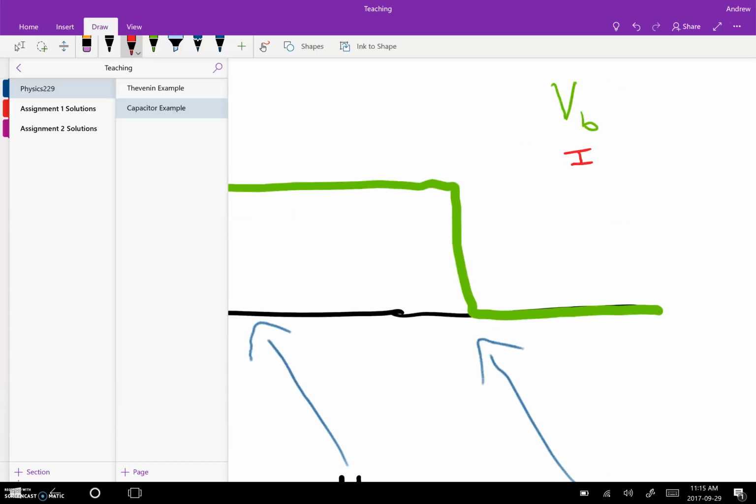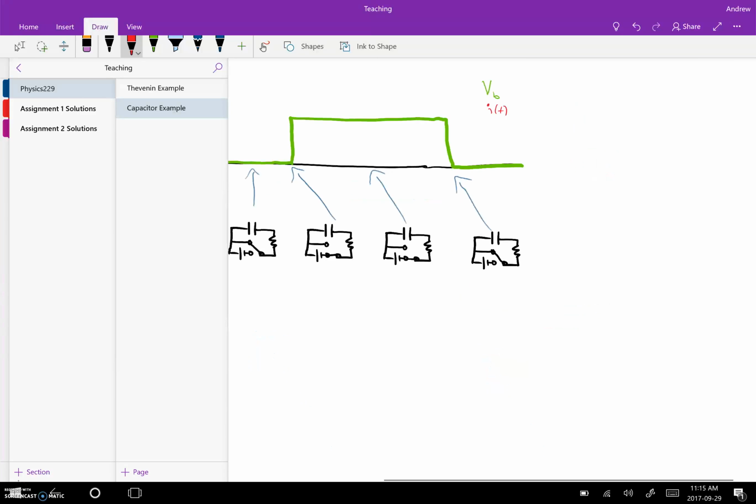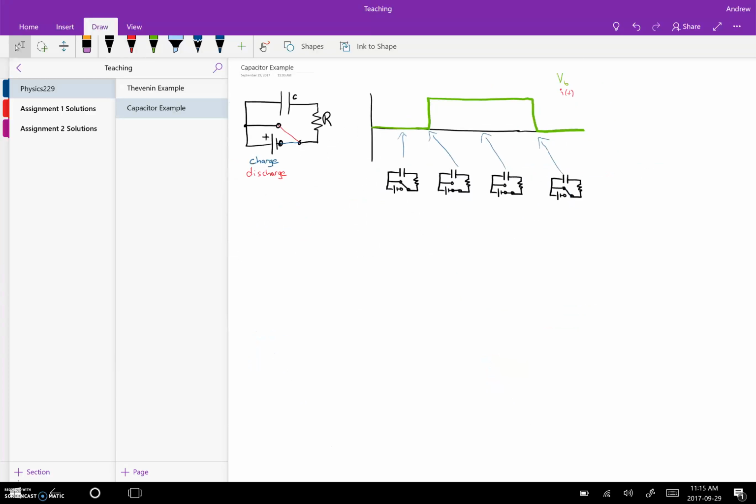We'll look at the current. Get in the habit of writing a lowercase i for current. And that's the current through the whole circuit, right? Because our circuit is all in series. So the current through the capacitor is the same as through the resistor, is the same as through the battery.